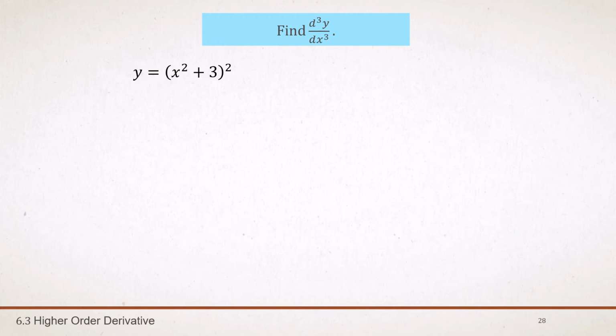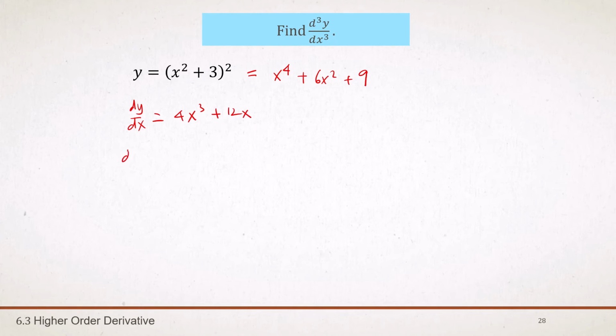Okay, for this question, because they are looking for higher order, my advice is to expand it. When I expand, this is x power 4 plus 6x squared plus 9. So when I find the first derivative dy/dx, I differentiate: it is 4x cubed plus 12x.